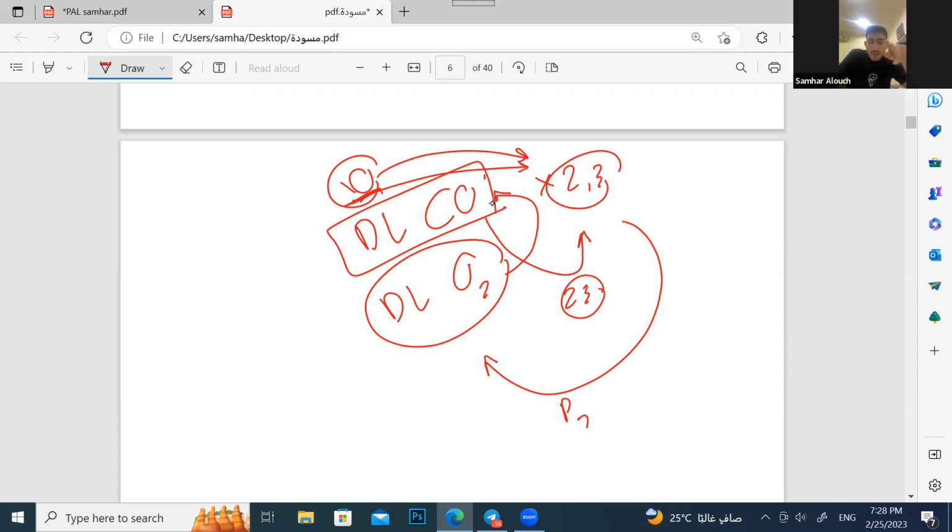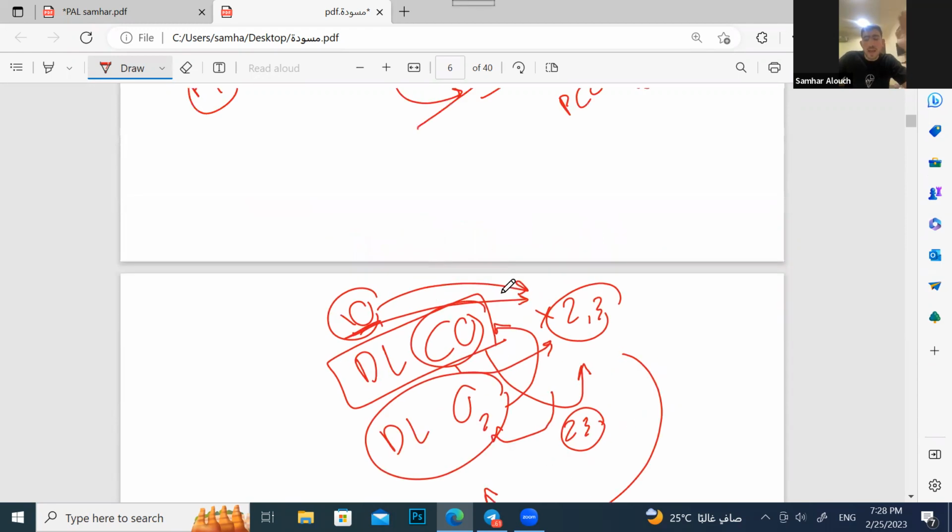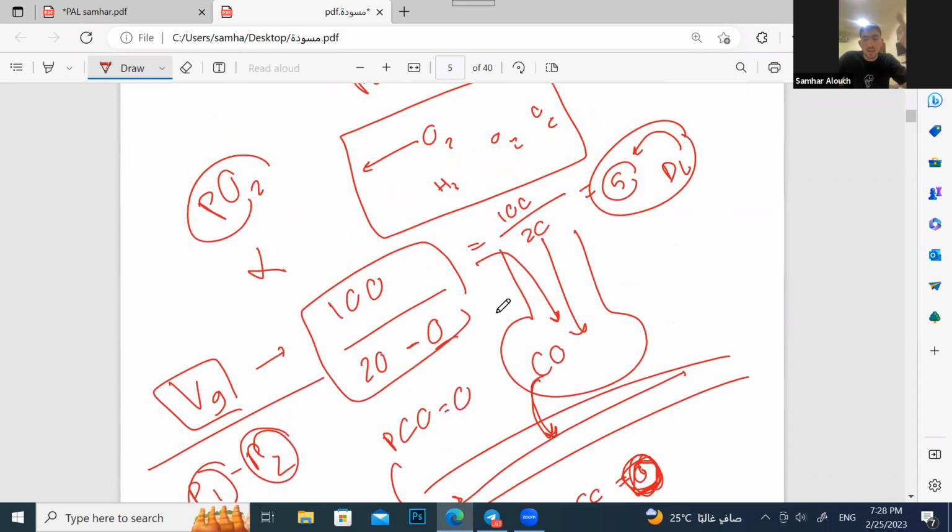And the answer is CO, because CO is measurable as the pressure in the capillary is 0. And if we multiply the DL of CO by 2.3, we can find the DL of O2. And that's how we calculate the DL of O2.